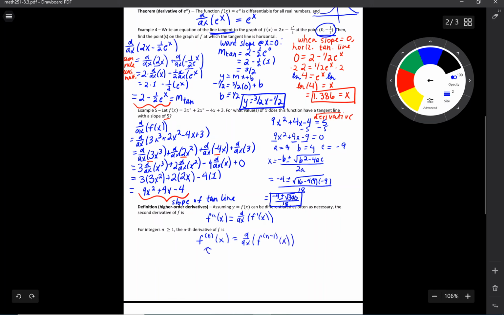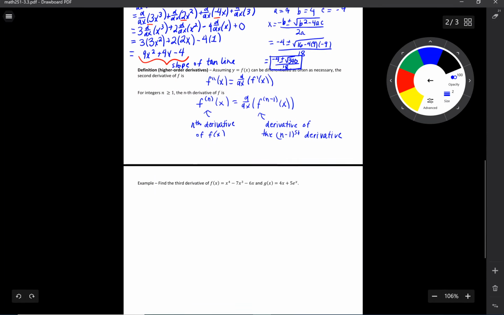So this is saying the nth derivative of f of x is equal to the derivative of the n minus first derivative, which isn't a super satisfying definition. If any of you go on to take a course called linear algebra, you'll learn how to find these a little bit more straightforwardly. But for now, we just have to keep taking derivatives.